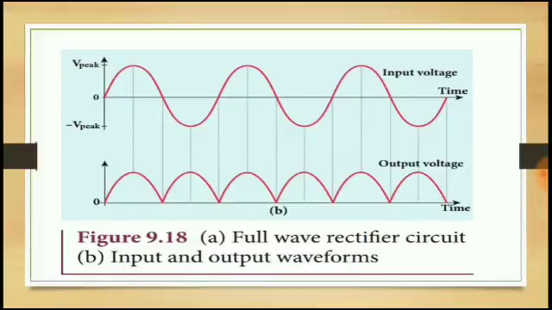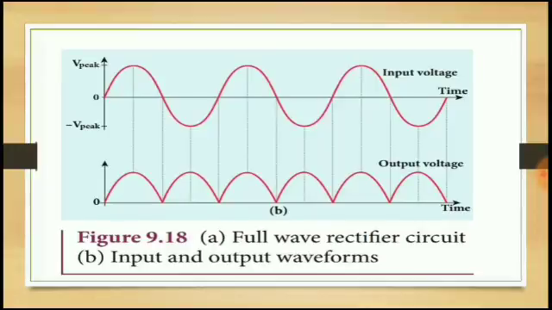See, this is the input voltage, and see the output. In the full wave rectifier, the entire input signal goes through the rectification process and gives the output, because during every half cycle, one diode is under reverse condition and one diode is under forward condition.